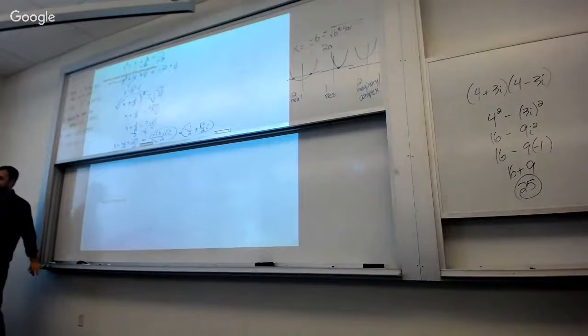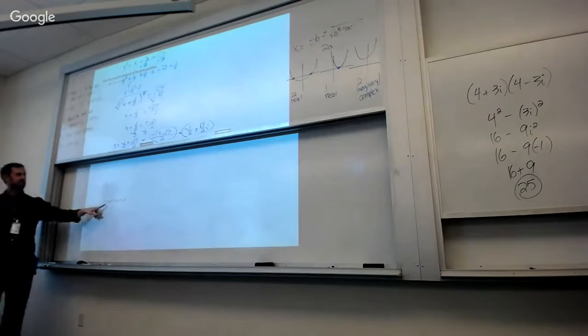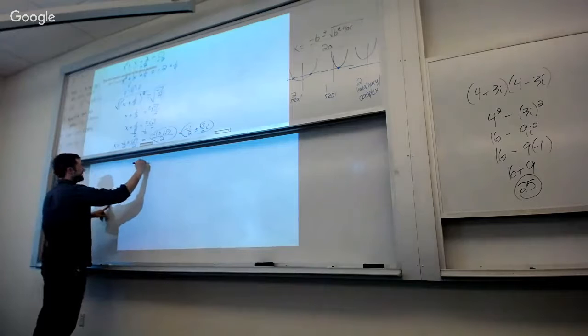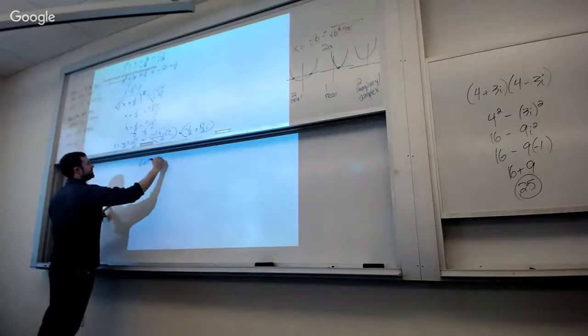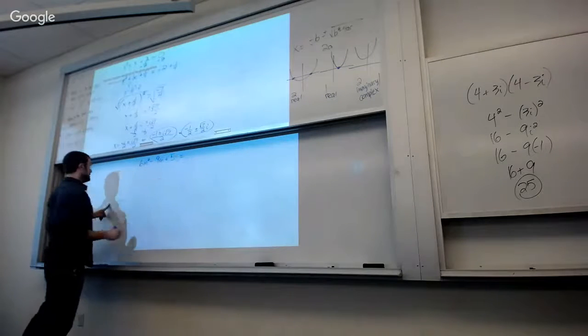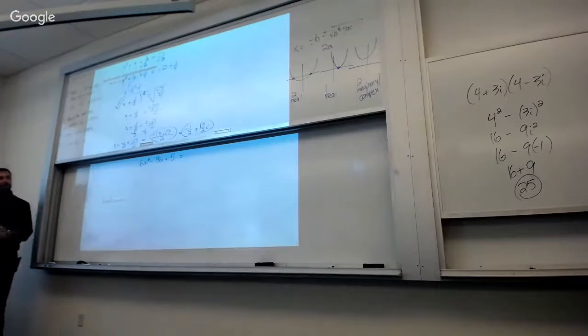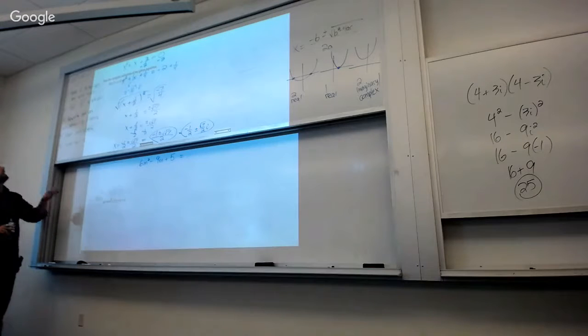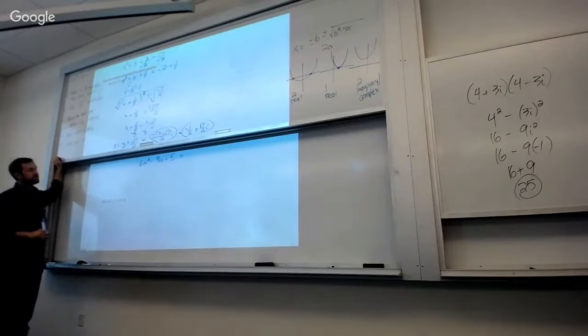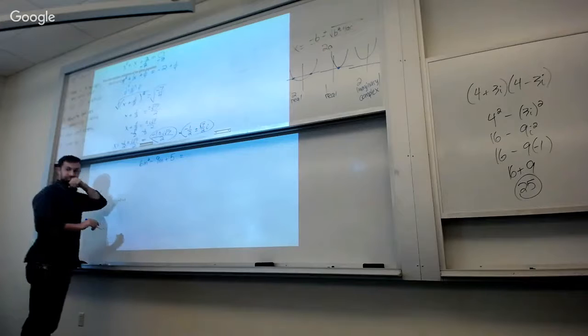Last, completing the square problem. We have 6m squared minus 9m plus 5. This would be a fair problem for me to put on the test. What do we do? We do it the other way.